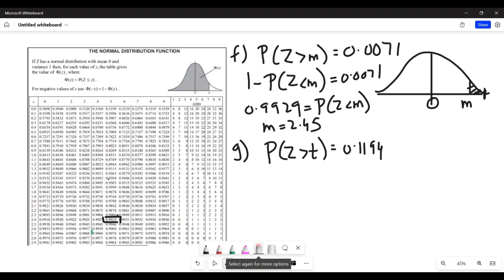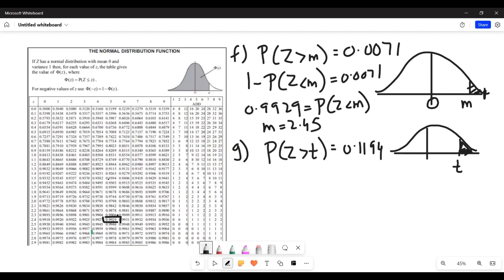So again, it's greater than, so we shade this part, and the probability is small. So again, that is also going to be very close to the right end of the graph. So 0, this is t, and t is positive again.